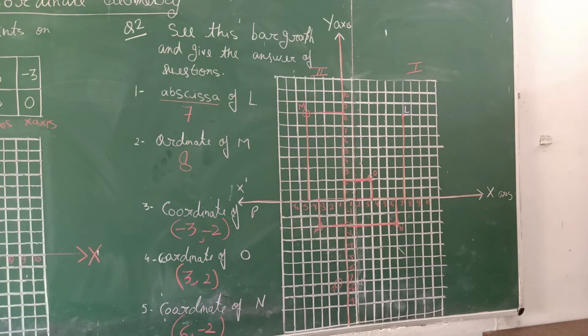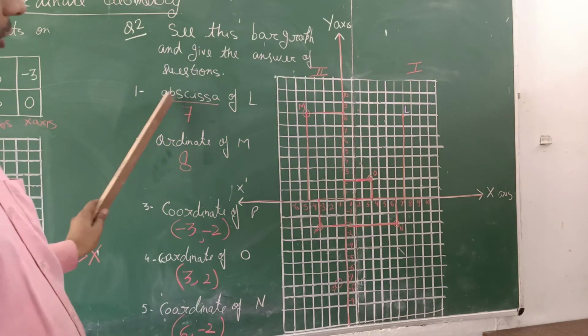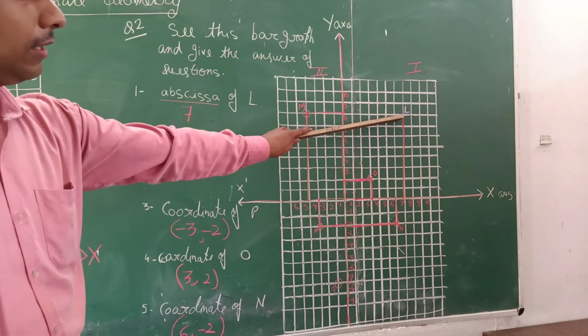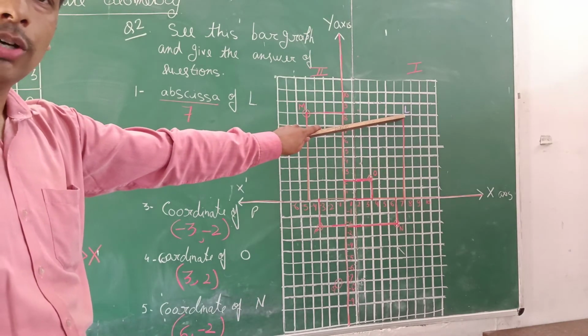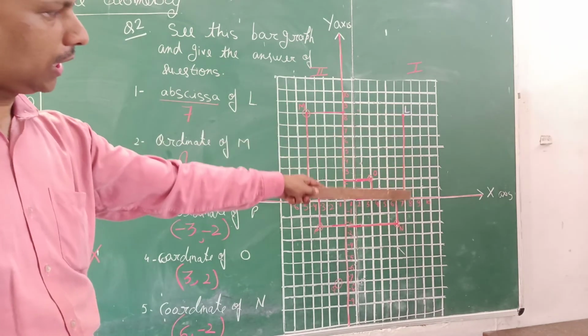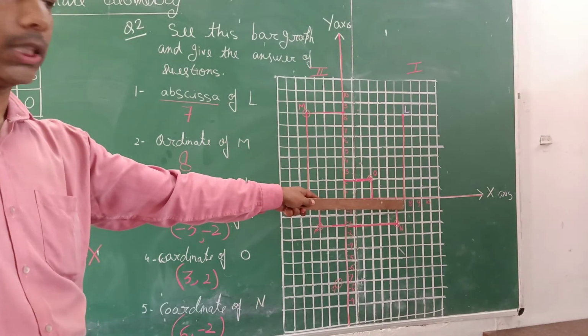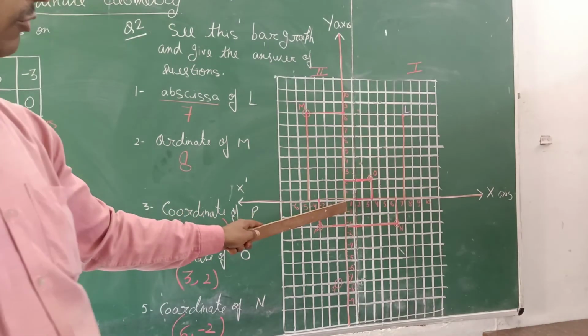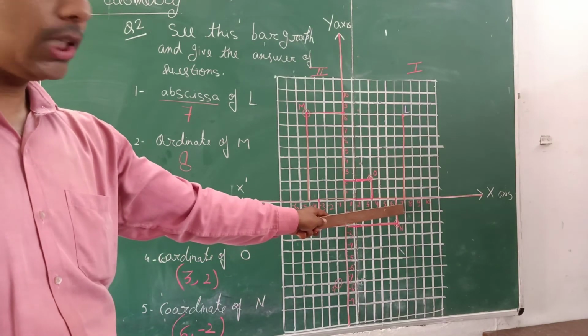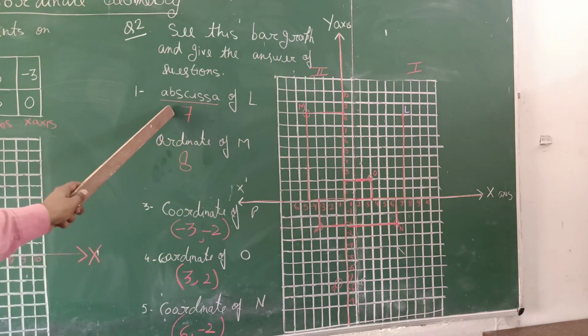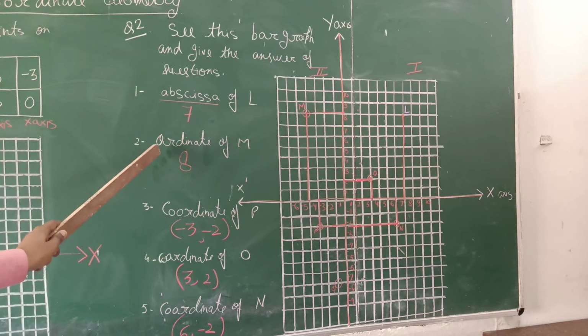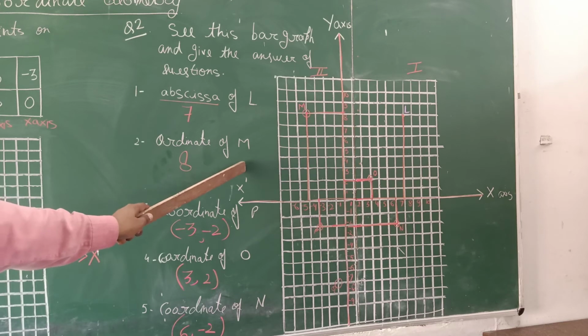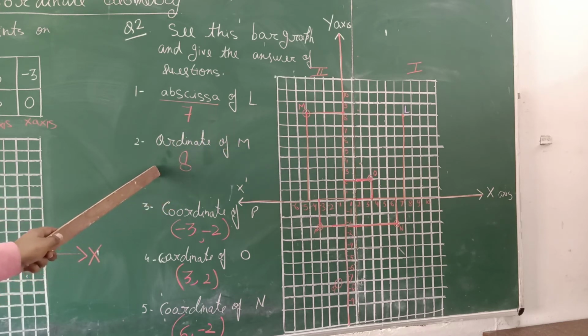Is it clear? Now see once again, abscissa of L. This is point L. Abscissa means the value of x. So we construct a line perpendicular to the x-axis and measure the distance from the origin. It is 7 units. So we write the answer 7 units. Next is ordinate of M. Ordinate means the value of y.